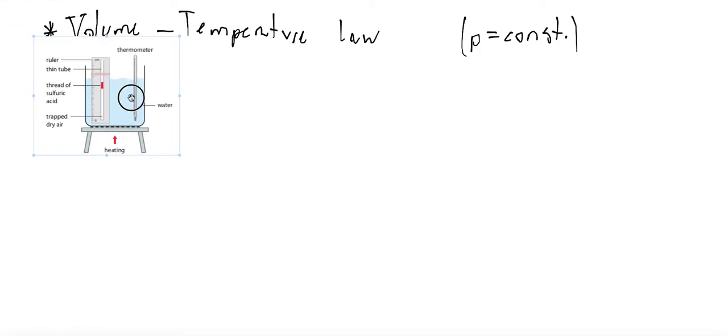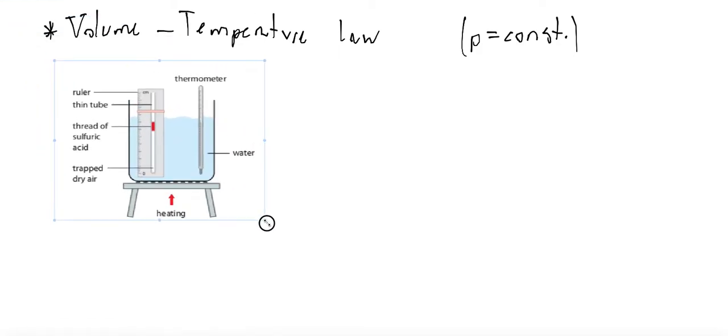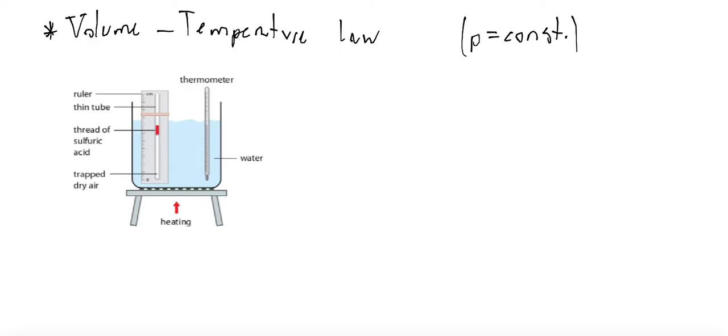Let's look. We have a bath. You can change the temperature of the water in this bath. You have a thermometer, so you can read the temperature of the bath. And you have again a gas which is trapped in the glass and is covered by sulfuric acid.